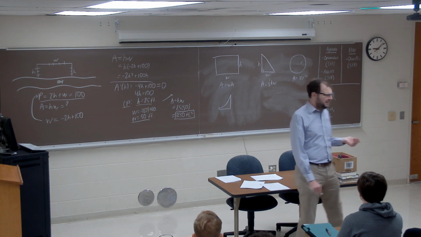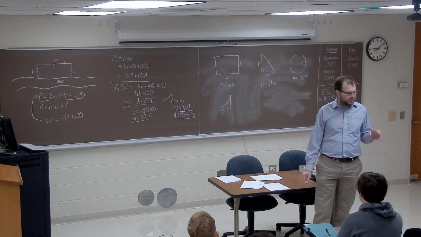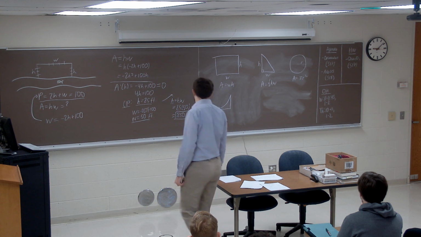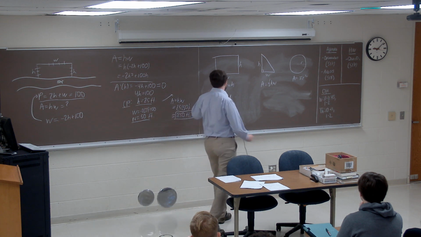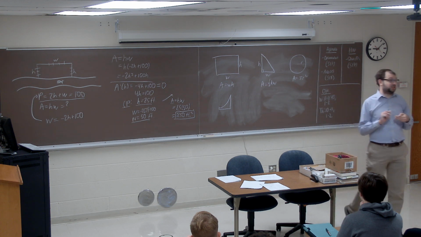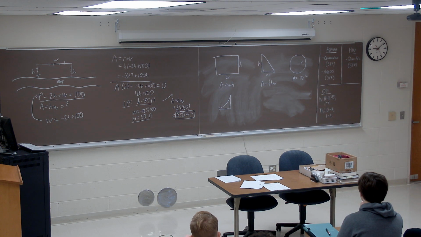How do you find the area of weird shapes? This is kind of known as the area problem. We know how to find areas of lots of relatively simple geometric shapes, things like rectangles and squares and triangles and circles, etc., etc.